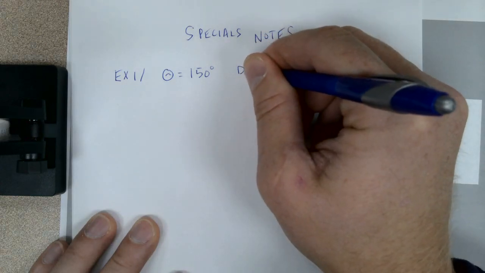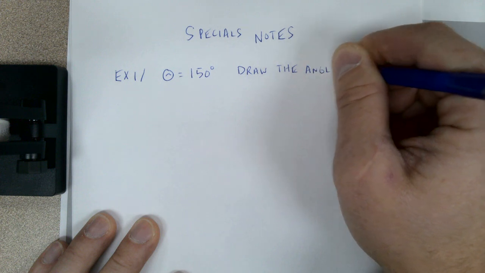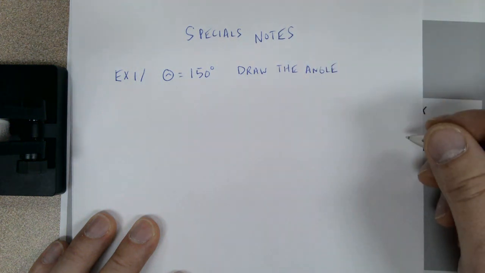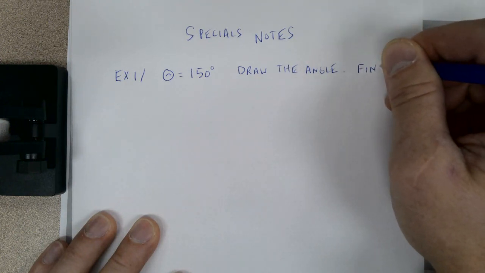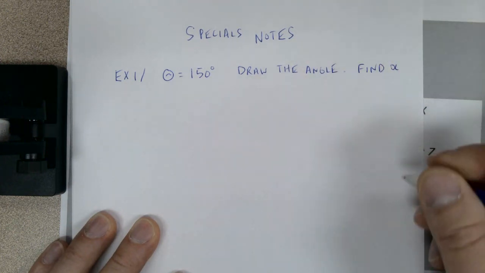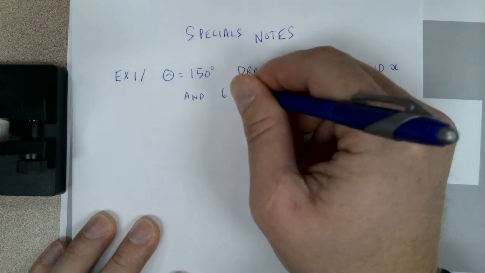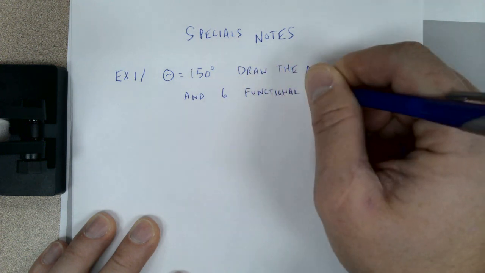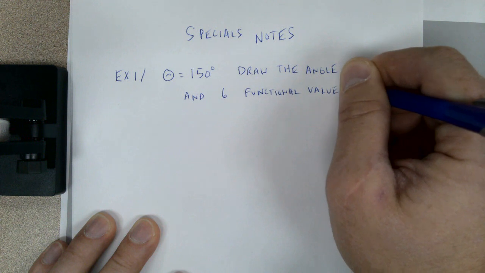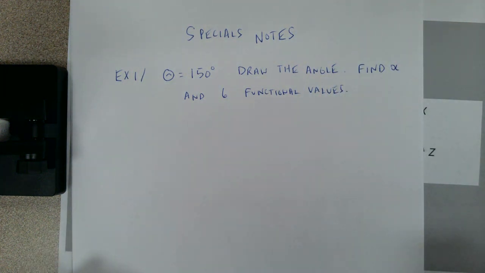We want to be able to draw the angle, which we've already talked about how to do, find alpha and the 6 functional values. When we say 6 functional values, we're talking about sine, cosine, tangent, cosecant, secant, and cotangent.